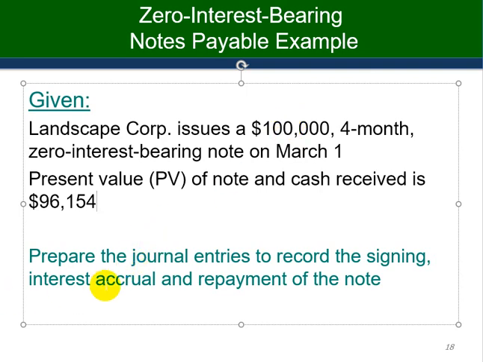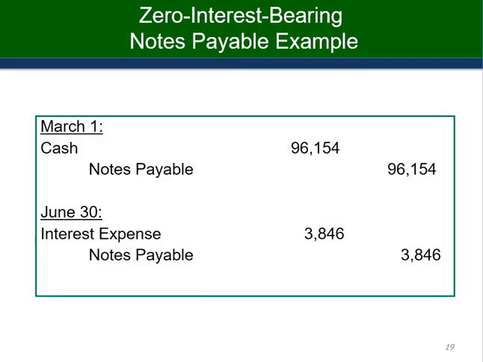So again, we have to prepare the journal entries for the same 3 crucial dates that we had before. So on March 1st, we get cash of $96,154, and we have a note payable for $96,154. On June 30th, the end of the note's term, the note payable goes up to $100,000. So $96,154 plus $3,846 adds up to $100,000.